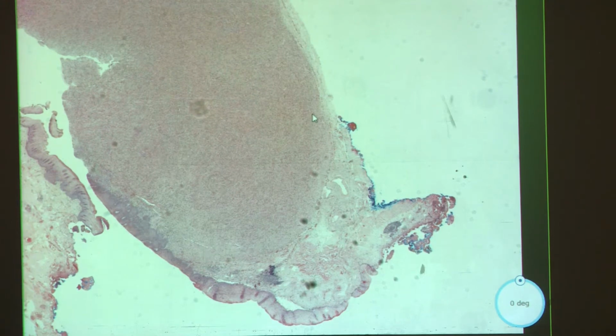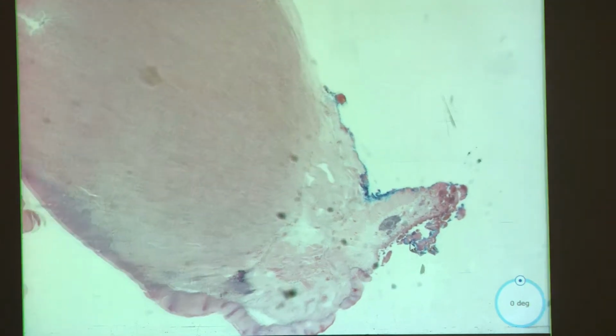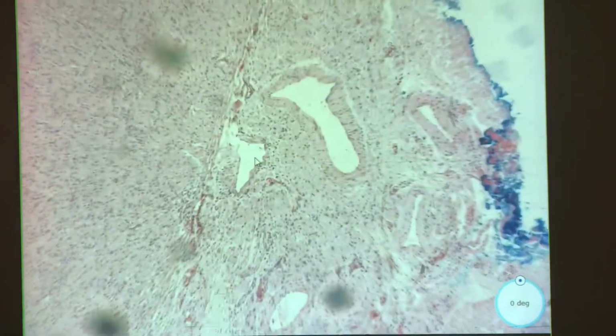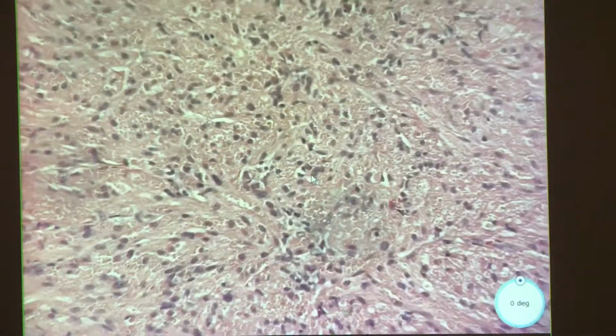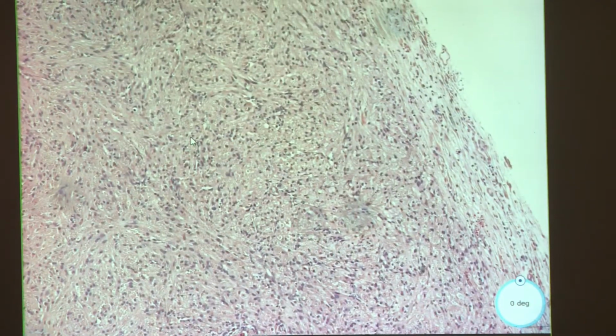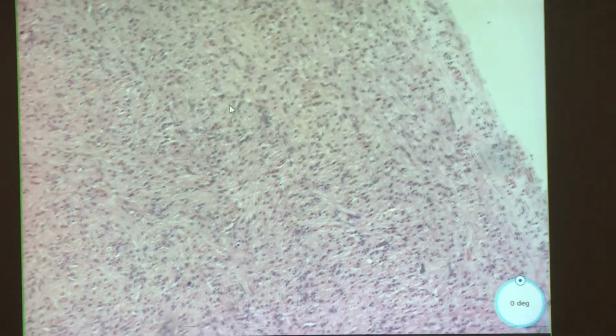It does seem to have a border, but it's kind of fuzzy. Not really seeing a capsule, I guess, is what I'm getting at. Definitely no capsule. But a lot of these cells are forming a mass. I would say it's some sort of tumor, and it's granular. So putting them together, granular cell tumor. Okay, excellent.